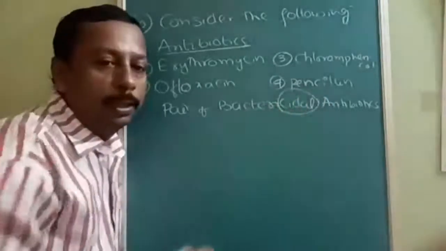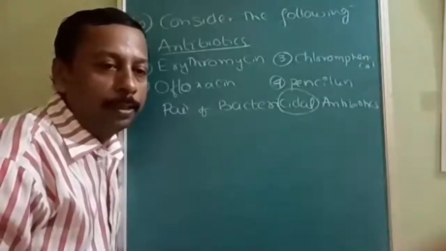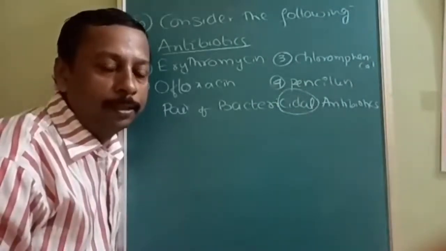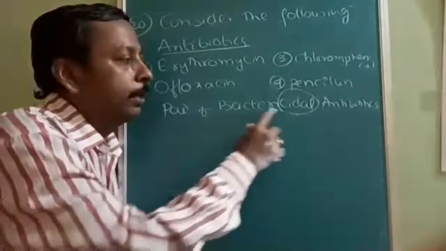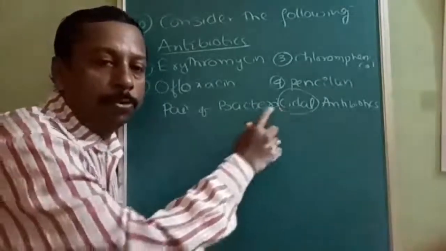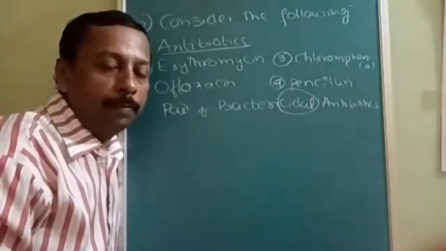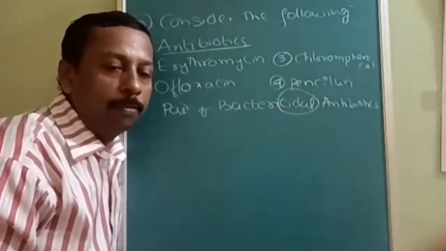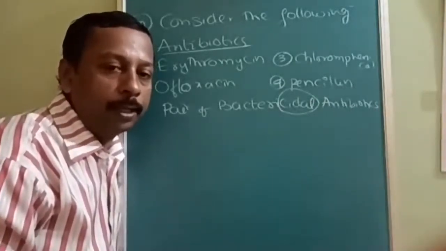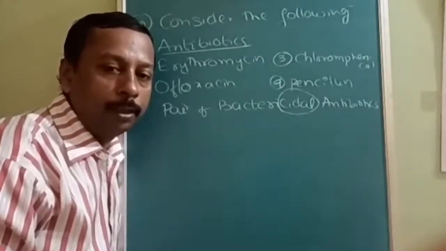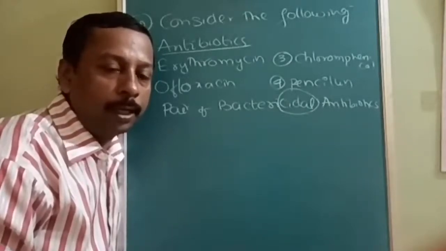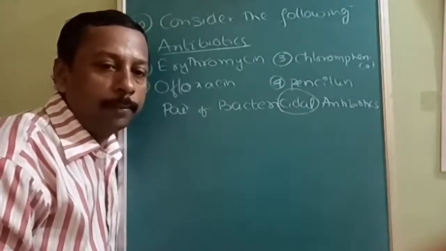Cidal means killing, like suicide, homicide, fungicide. So bacteria should be killed by a bactericidal antibiotic. Bacteriostatic means it will reduce the growth of the bacteria; static means stops.